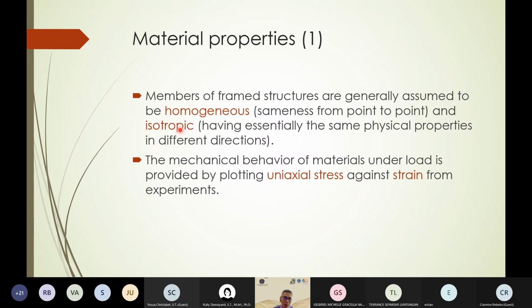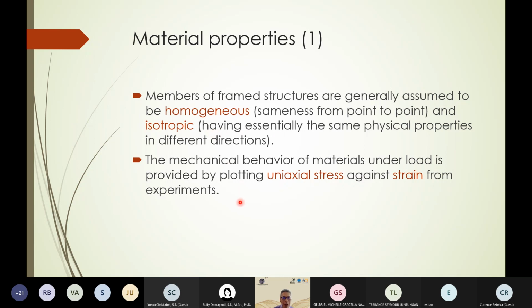And we also assume, most often, that it is isotropic. What is isotropic? It means it has the same physical properties in different directions. So we consider one point only, but different directions. That's the difference. This is the most widely used assumption, but of course, I know that bamboo actually is not isotropic. It's anisotropic, but this is the simplification in structural analysis.